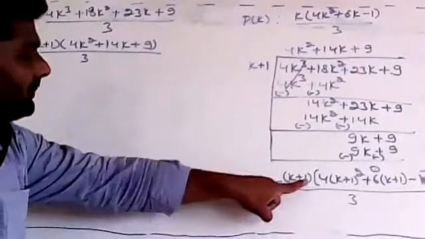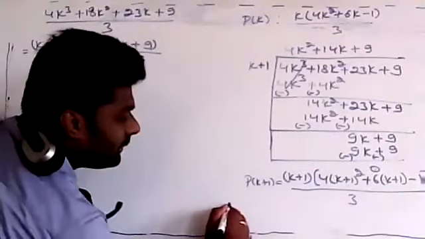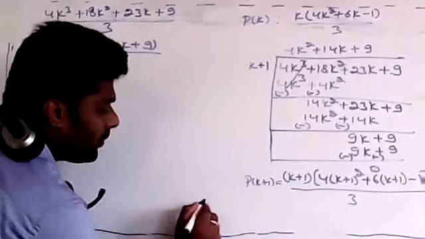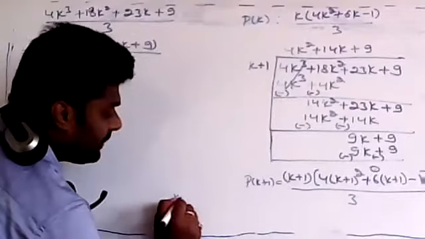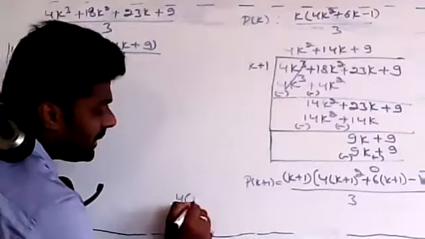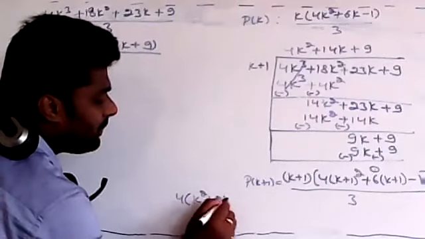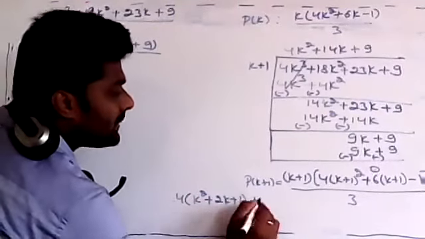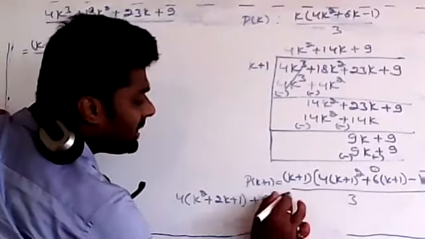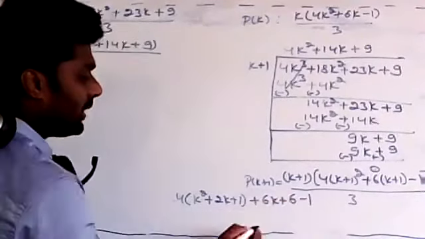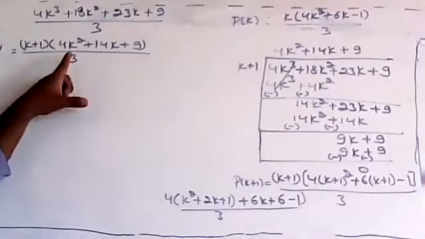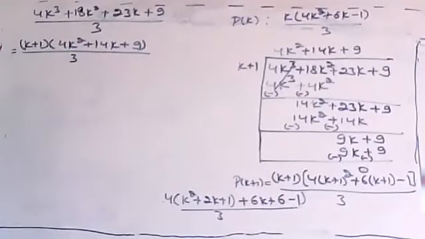You can check here. k plus 1 is outside. 4 into (k plus 1) the whole square is what? 4 times (k square plus 2k plus 1), plus this one is 6k plus 6, minus 1, by 3. Just check this one. You'll get the same answer, 4k square plus 14k plus 9.